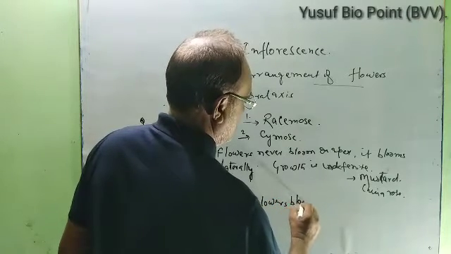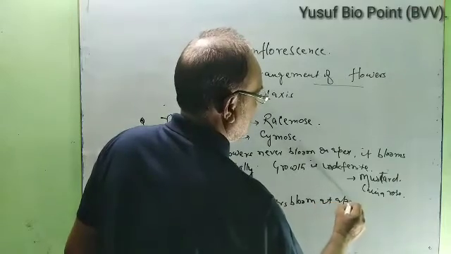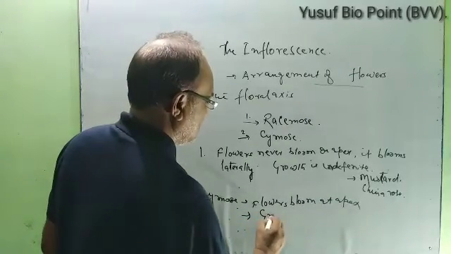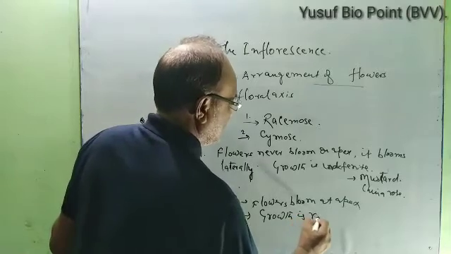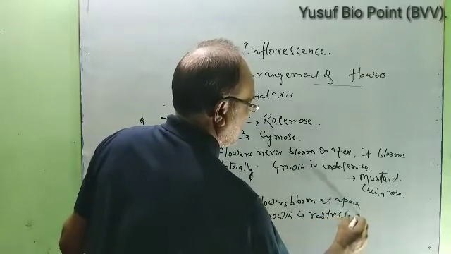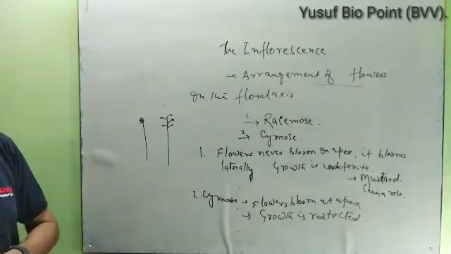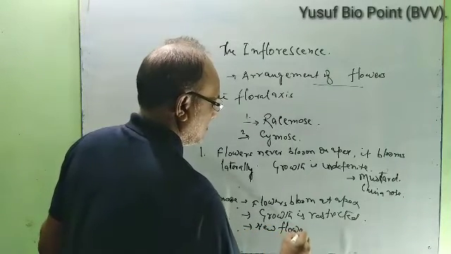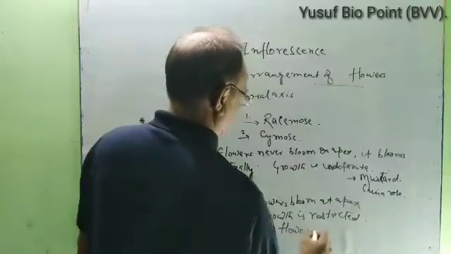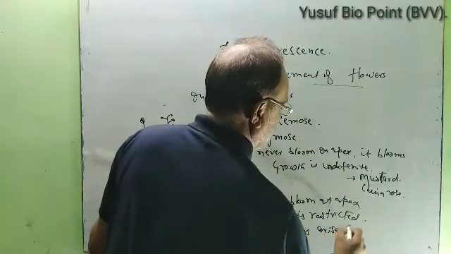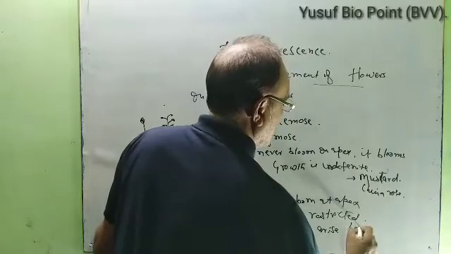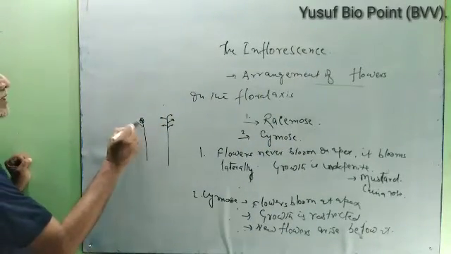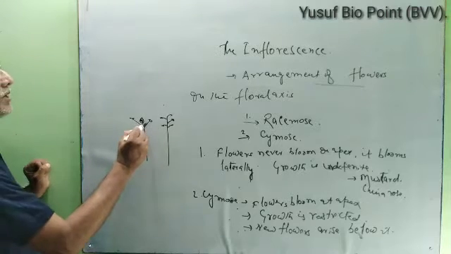Flowers bloom at the apex, so the growth is restricted, and the new flowers arise below it. यानी अब नए फूल जो यहां से निकलेंगे, ये बंद हो गया, फिर यहां से निकलेंगे.